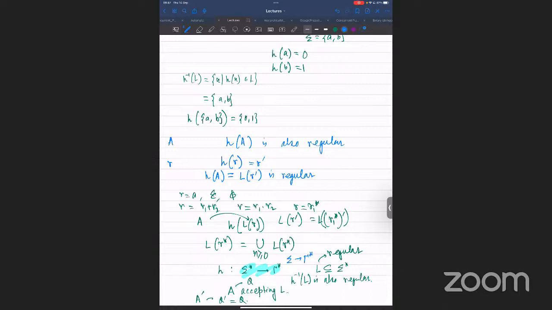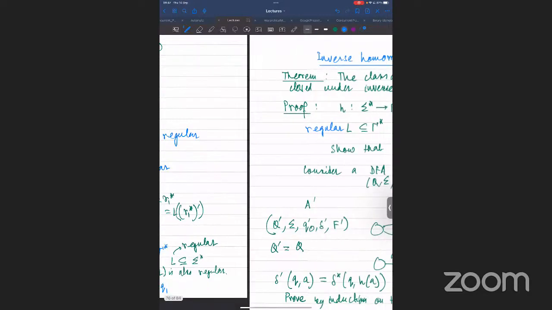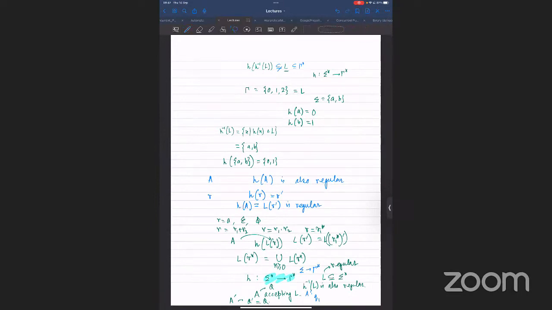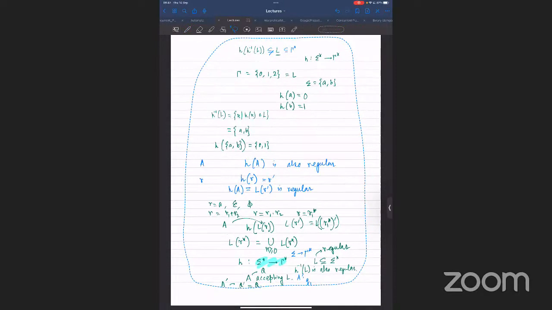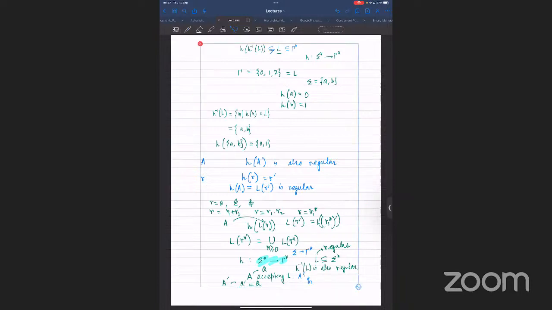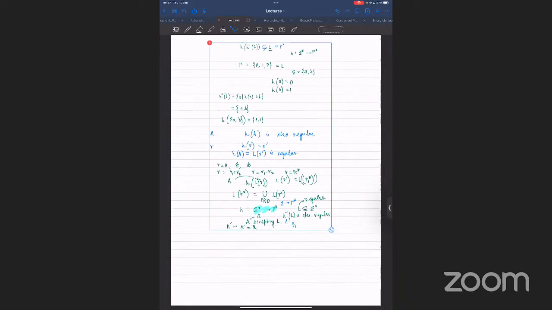Suppose A prime is Q prime, sigma, delta prime, Q0 prime, F prime.